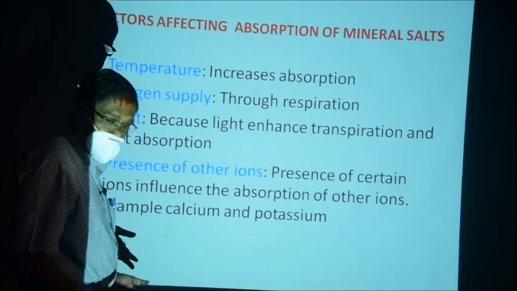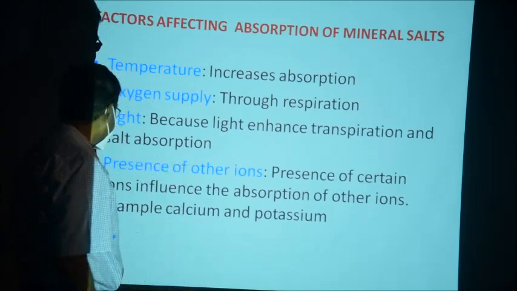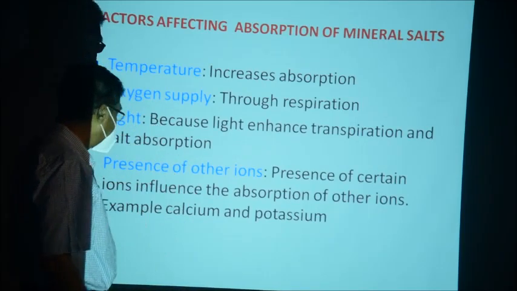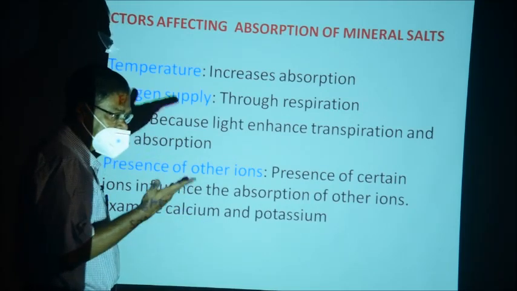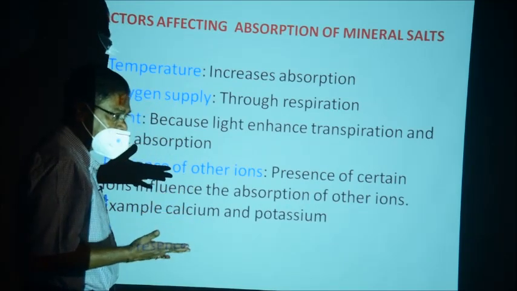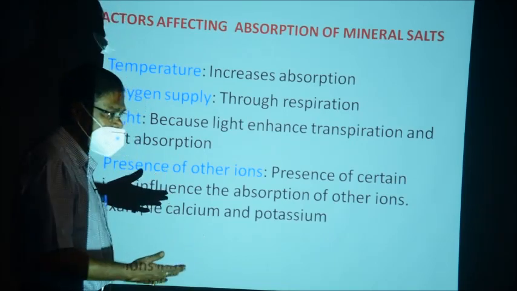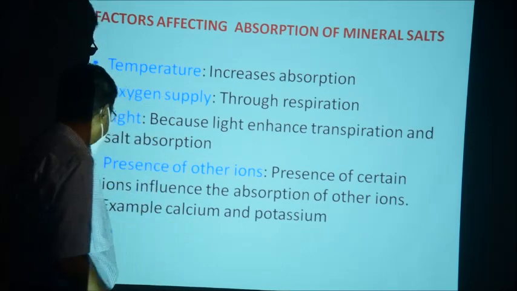So increase in oxygen, increase in respiration, so more energy. Light increases transpiration, so there is more salt absorption if there is more transpiration, because the movement of ions occurs in mass flow along with transpiration pull.